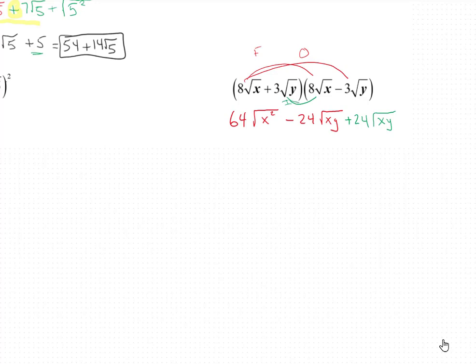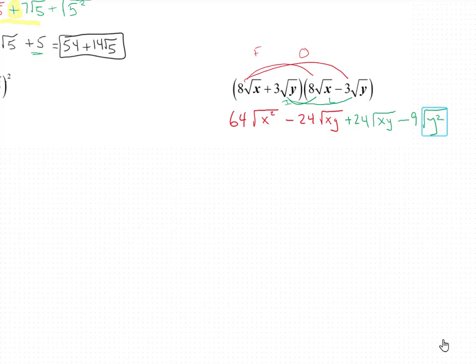And then the last part of the FOIL. So all of these you're going to have to do 4 multiplications when you FOIL it out. A positive 3 coefficient times a negative 3 coefficient is a negative 9. And the square root of y times the square root of y is the square root of y squared.